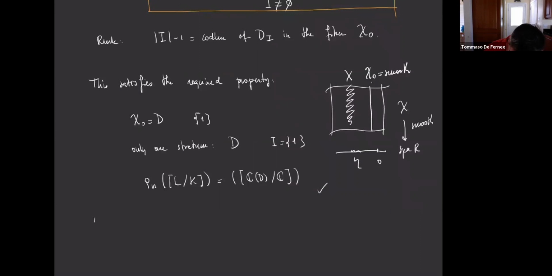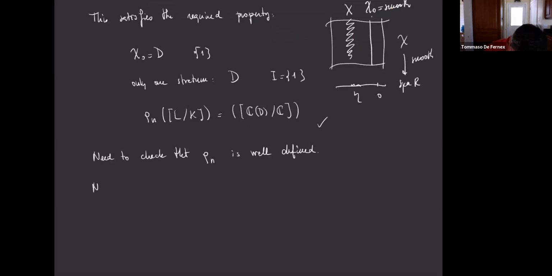So what we need to do here is check that rho n, this homomorphism, is well defined, because in order to define it, we made some choices.